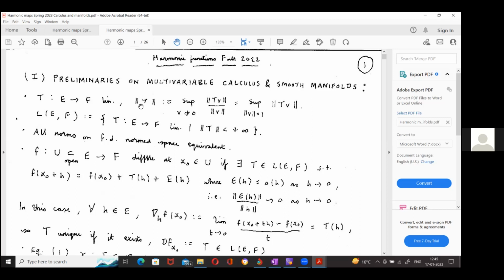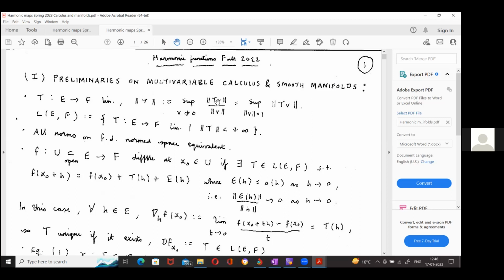Then we can define what's called the operator norm of T. This is defined to be the supremum over non-zero vectors v of norm of Tv divided by norm v.